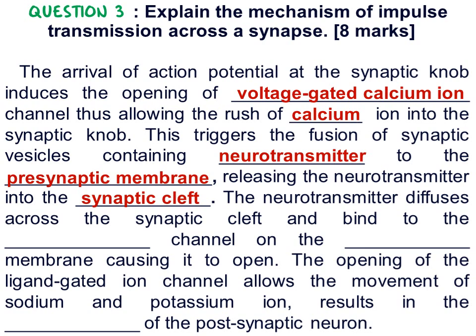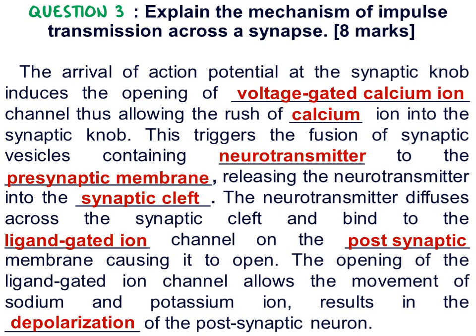The neurotransmitter diffuses across the synaptic cleft and binds to the ligand-gated ion channels on the postsynaptic membrane, causing them to open. The opening of the ligand-gated ion channels allows the movement of sodium and potassium ions, which results in the depolarization of the postsynaptic neuron.